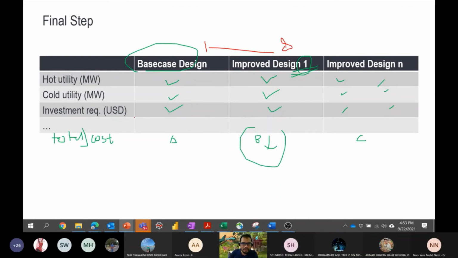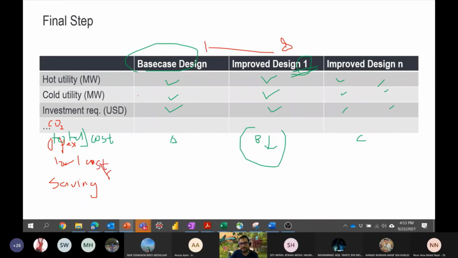In those options, we have our capex, our CO2 emissions, and also the opex. We have opex, and then the total cost, and savings.